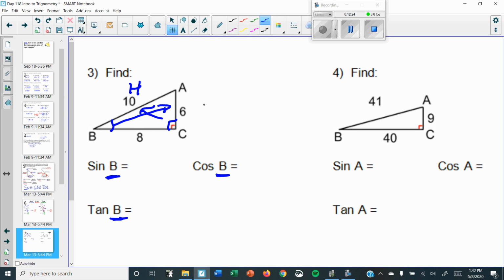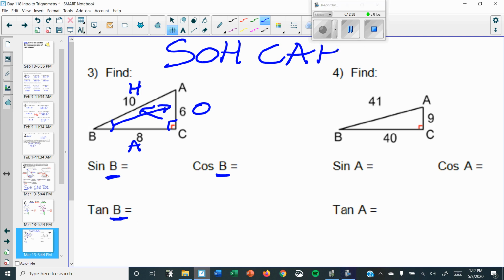Whatever's across from the angle, that's your opposite. And process of elimination, that's your adjacent. So again, anytime you get a trigonometric question, you should always write SOH CAH TOA. It will make your life 1,000 times easier. But again, if you don't memorize that, this becomes really hard.